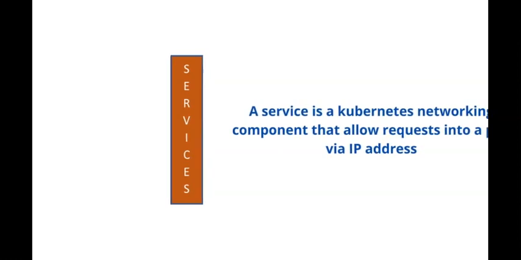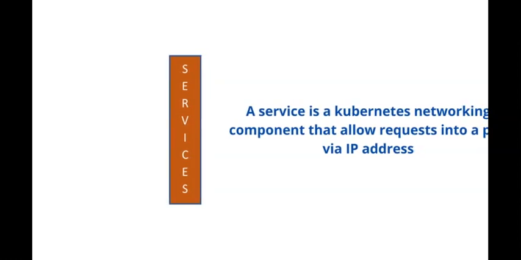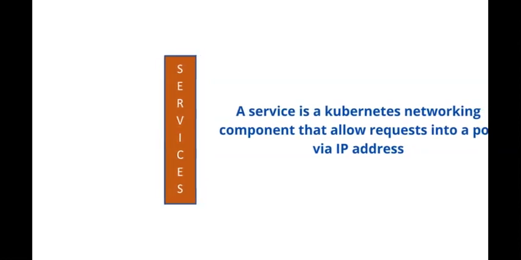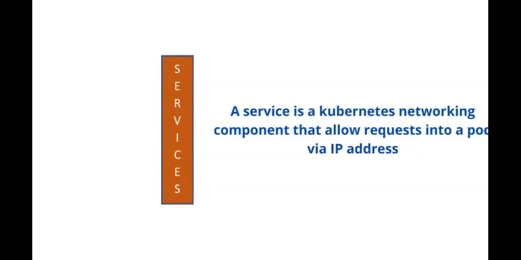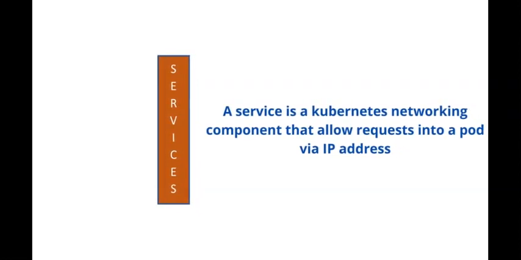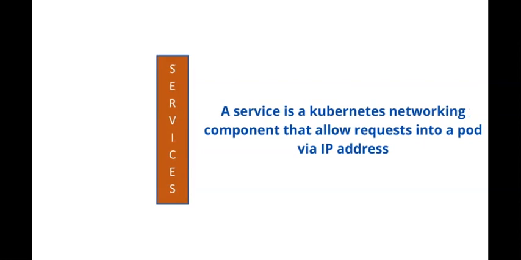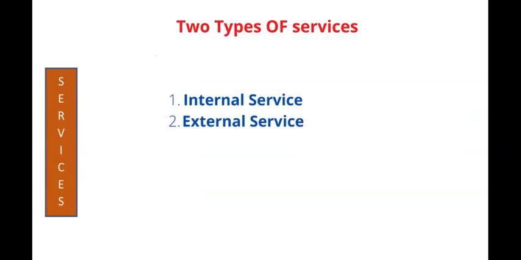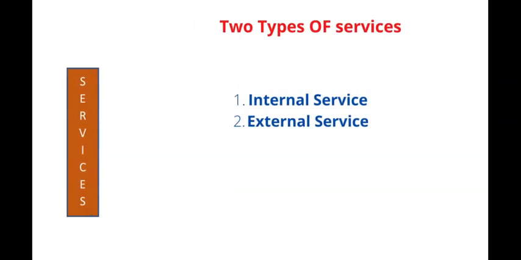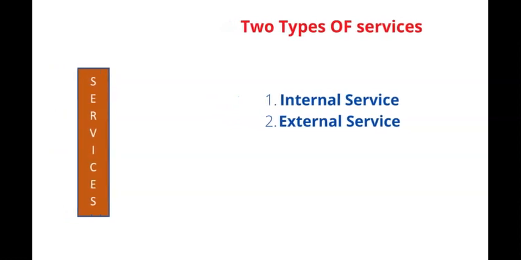A service gives you access into a pod via an IP address and port. A service is not ephemeral in nature, that is, a service doesn't die, or as some gangsters would say, a service doesn't go down easily, unlike a pod. There are two types of services: the internal service and the external service.